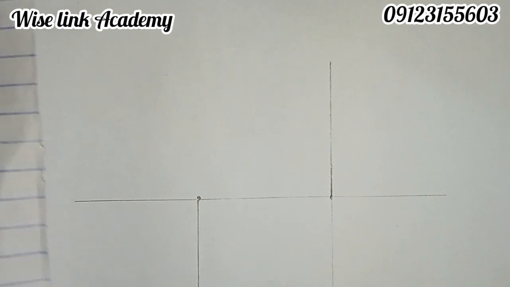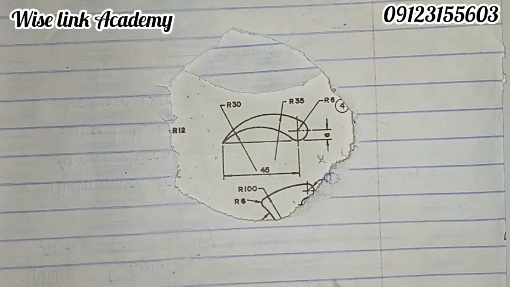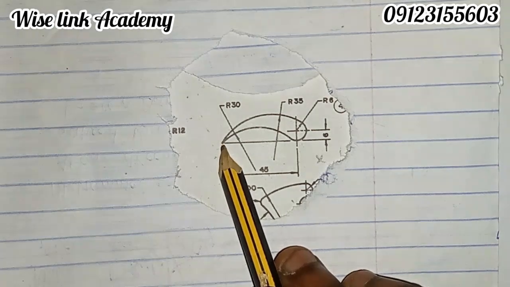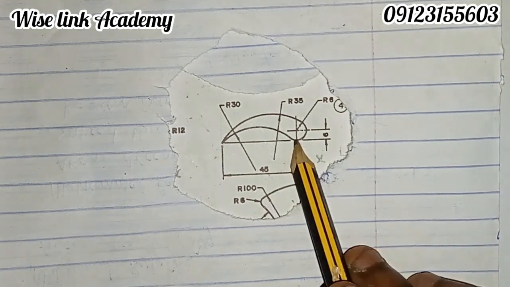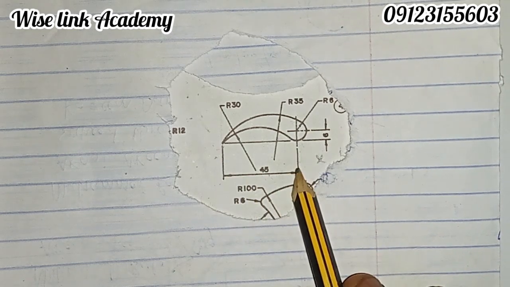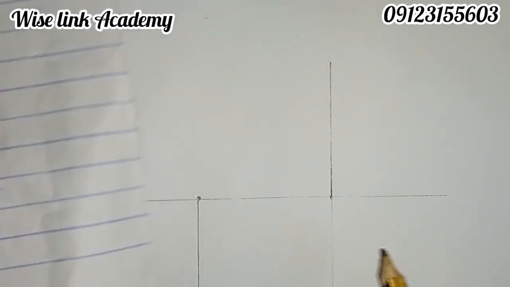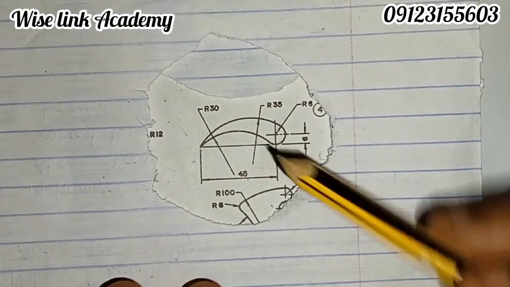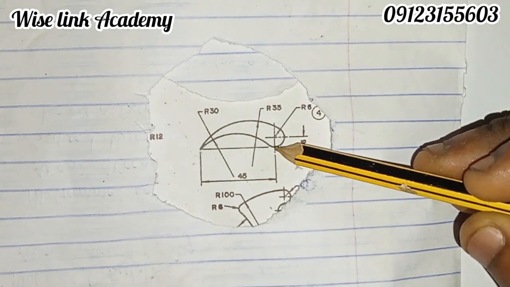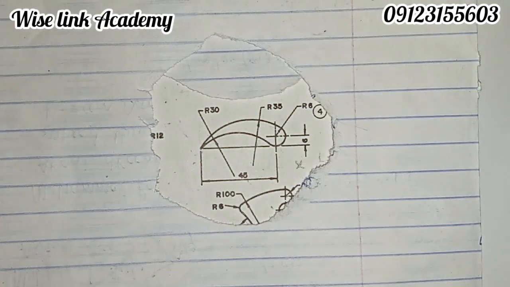From the question, as you can see, we have got a point here. We have measured 45 as we did. So this line here is this line here and here. The next thing to do, they said from this line we have drawn, we have to measure 6 upward.